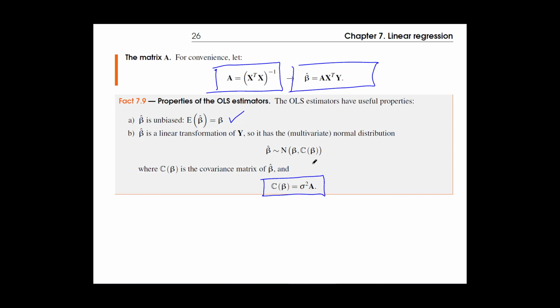So this is a big deal, because this is why we've been talking so much about linear combinations and normality and central limit theorem. It's because the beta hats are normally distributed, just because they're a linear combination of the y variables, which are normally distributed.